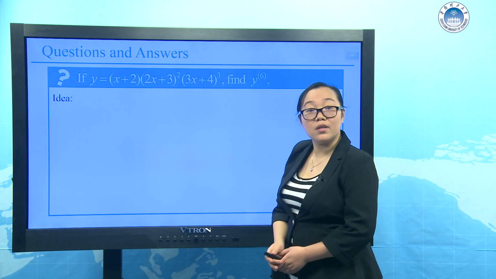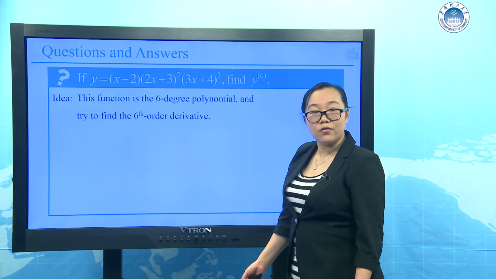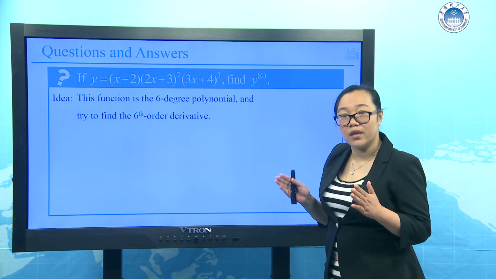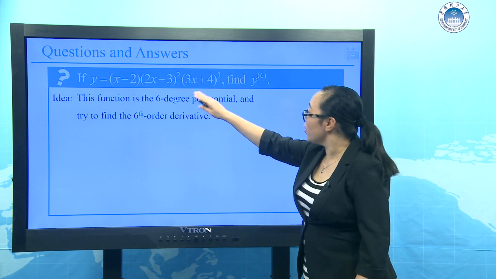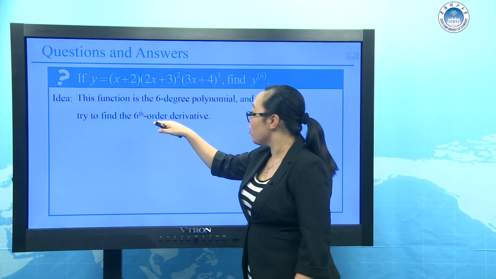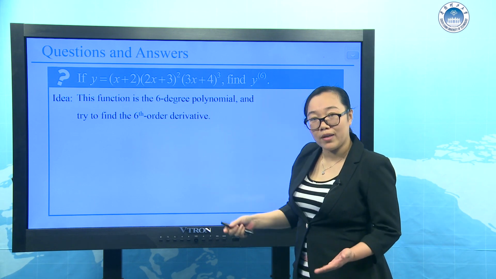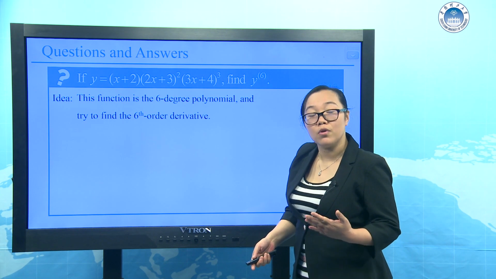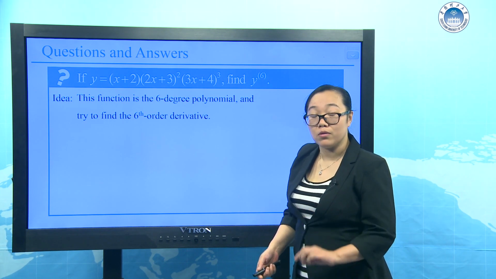How to do it? The idea is that this function is degree 6. Pay attention to the key words: a 6 degree polynomial, and try to find the 6th order derivative. How to get it? Yes, we can get some 5 degree polynomial, some special terms.